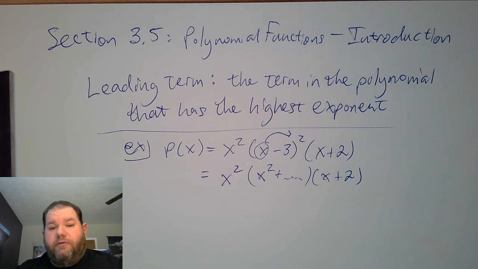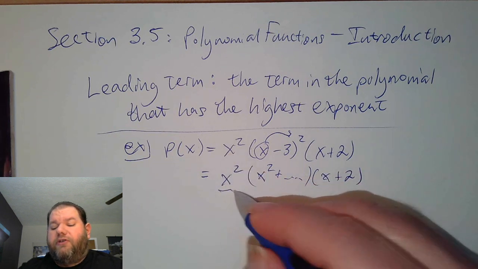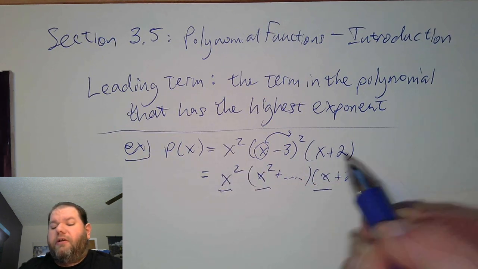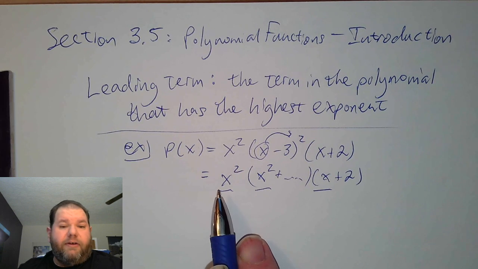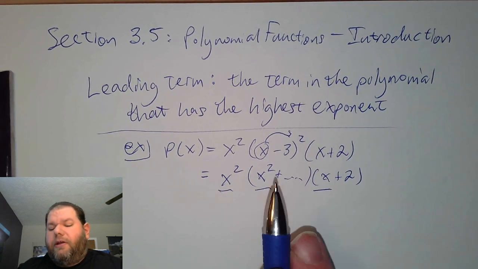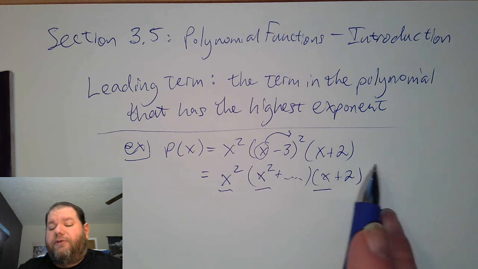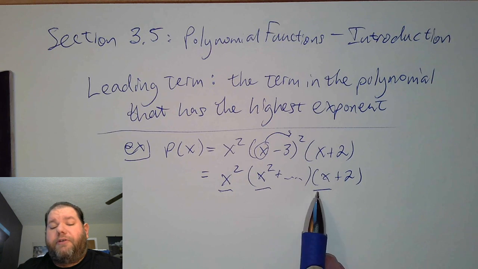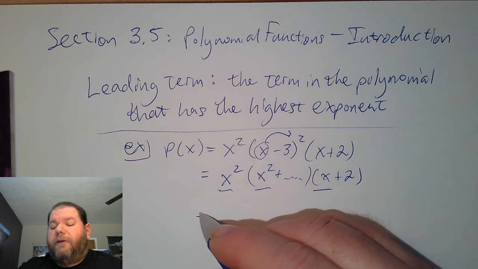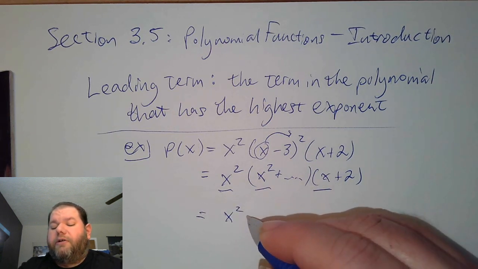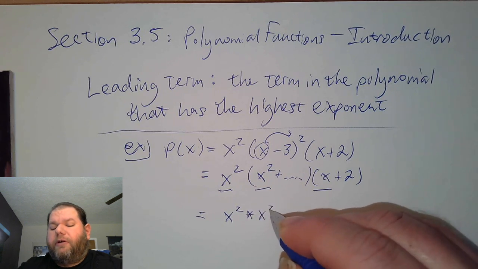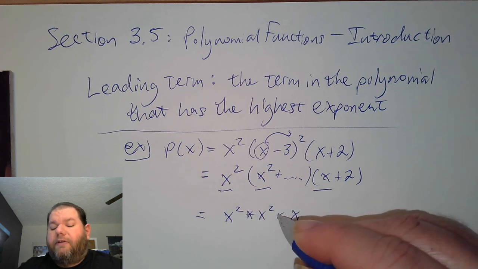So now what we do is we take the leading term of each of these parts: x squared, which is by itself, so technically a leading term; x squared, which is the leading term in the parentheses; and x, which is the leading term in these parentheses. And we want to put all three of those together. So basically we need to know what x squared times x squared times x is.